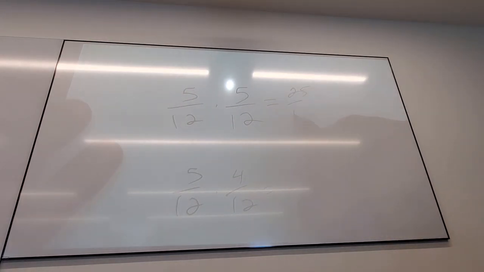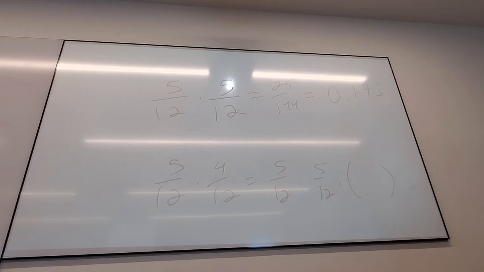So you get 25 over 144, which is roughly what? It's a decimal. Anybody? 0.173? I'm crowdsourcing. Sounds about right. 25 out of 200 will be 12 and a half, so that makes sense. Okay.